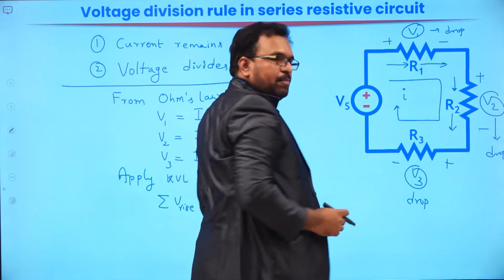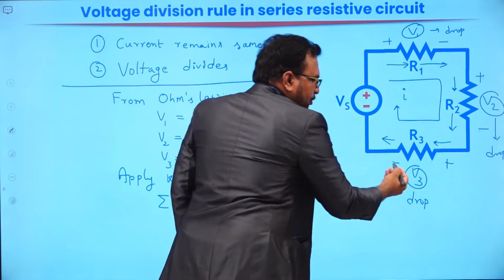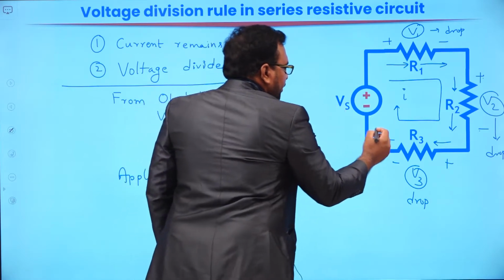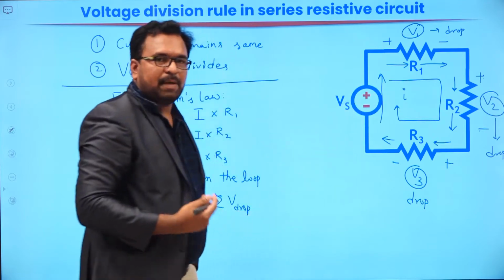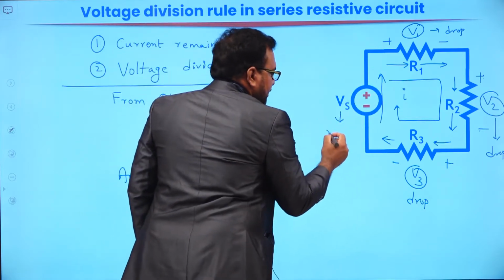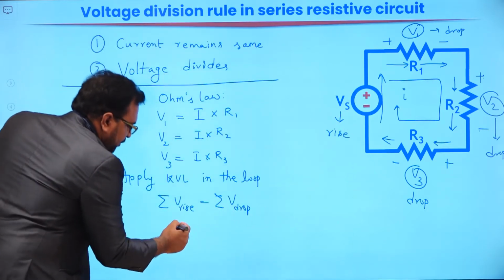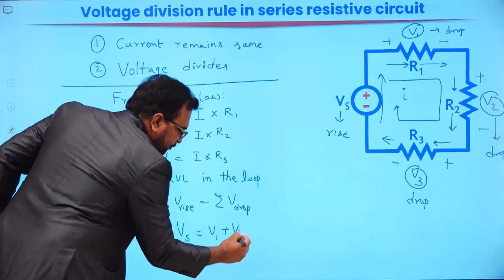That's why it is also a drop. In case of R3, the current is also flowing from positive to negative, so it is a drop. But in the source, the current is moving from negative to positive, minus terminal to plus terminal. That's why this Vs is considered as a rise. Okay. So sum of the voltage rises is equal to sum of the voltage drops.